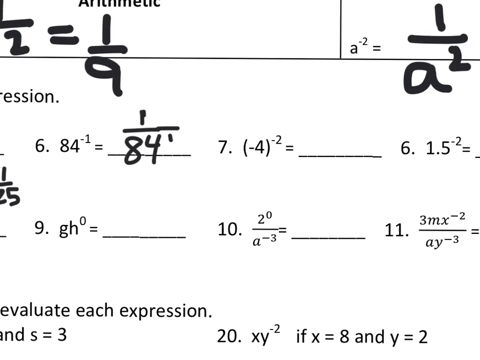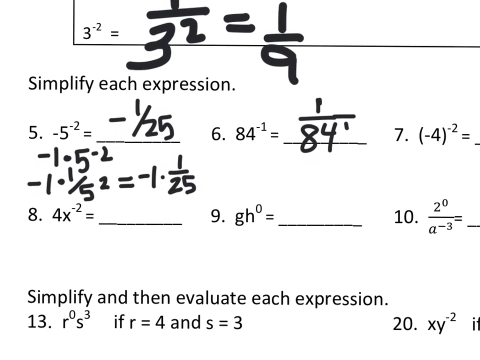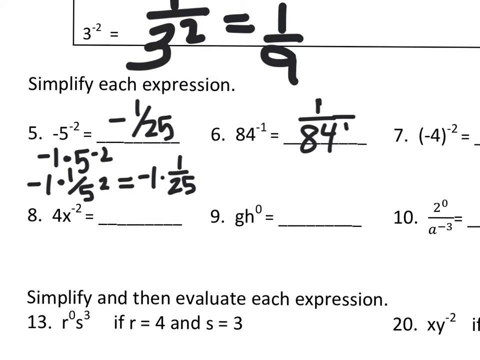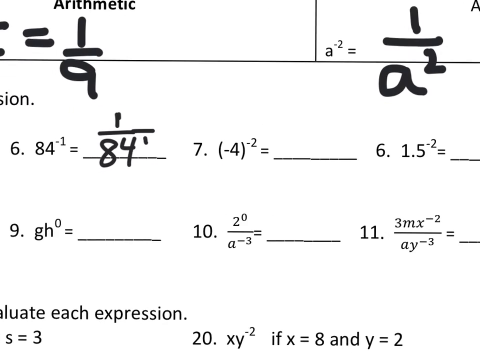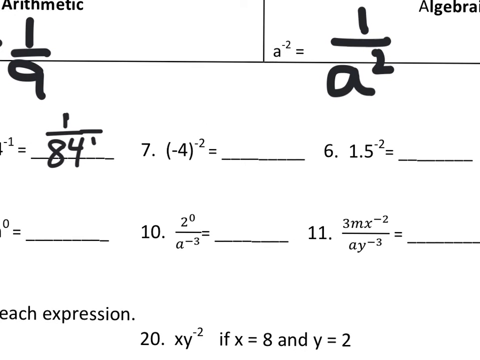Number 7 is similar to the one that we just did in number 5, but notice the difference. Now there's a set of parentheses around that negative 4, which means that the negative is part of what's being squared. So our negative exponent tells us to move that down to the bottom. So we've got a negative 4 squared, and as we move that exponent to the bottom, it becomes positive. That's our goal, to get all positive exponents.